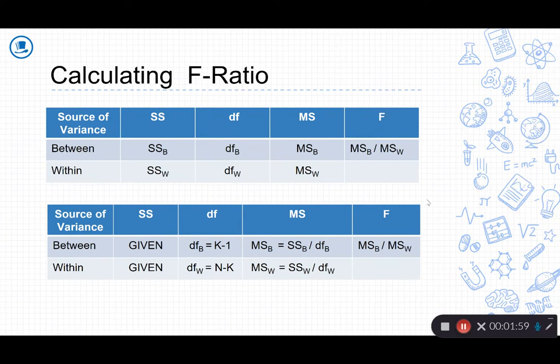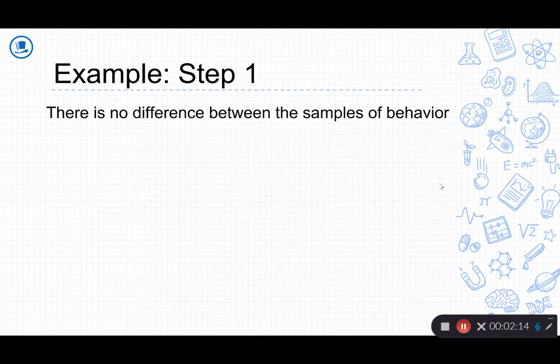But let's back up before we get too far into the numbers. Let's take this memory experiment example forward, and we'll start with the hypotheses. As always, the hypothesis is that there's no difference. So the base hypothesis in this experiment, any ANOVA, is there's no difference between the samples of behavior.